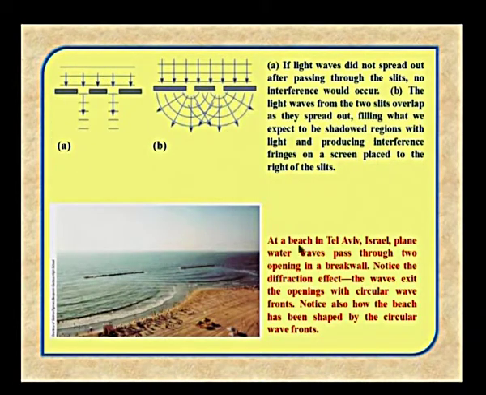At a beach in Tel Aviv, Israel, plane water waves pass through two openings in a break wall. You see a wall here, a break wall, you have got an opening here, there is another opening, and you see water waves coming through this opening and also from that opening.